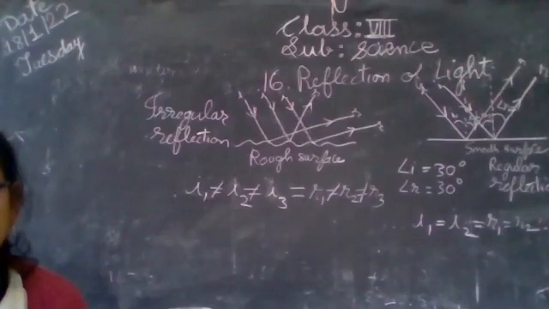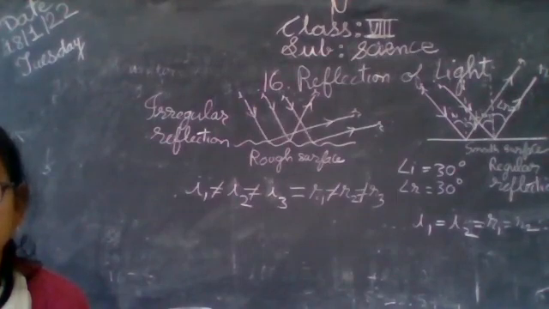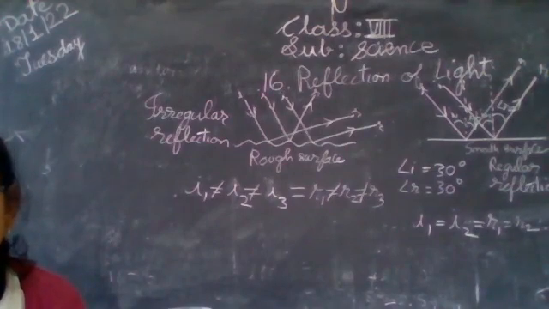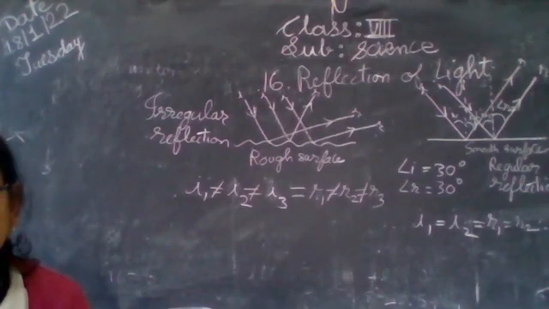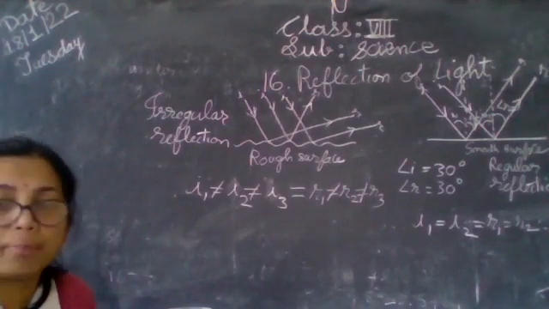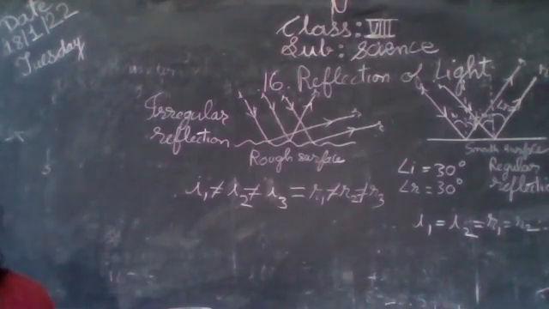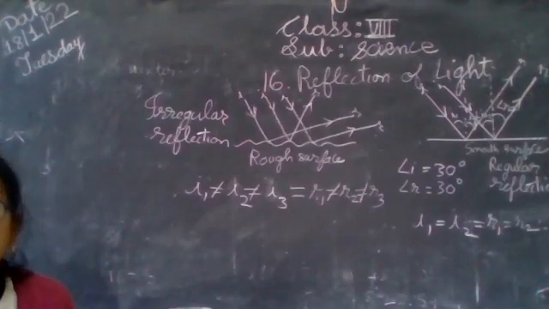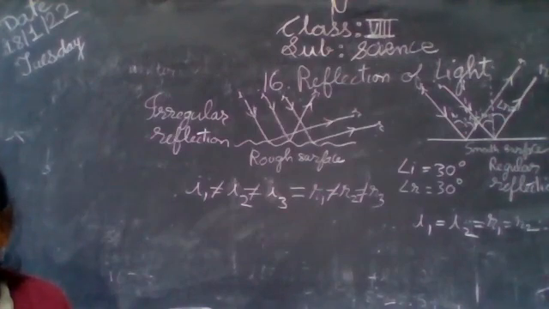Okay? And how do we see the image of the moon in water? On a full moon day, you can get the image of the moon in water also. There also we find the same thing. And when you go and visit a barber at a salon for a haircut, the type of haircut at the back side can be seen with the help of another mirror that is kept at the back.